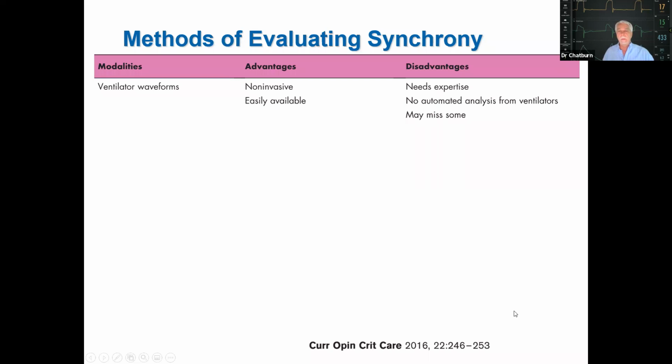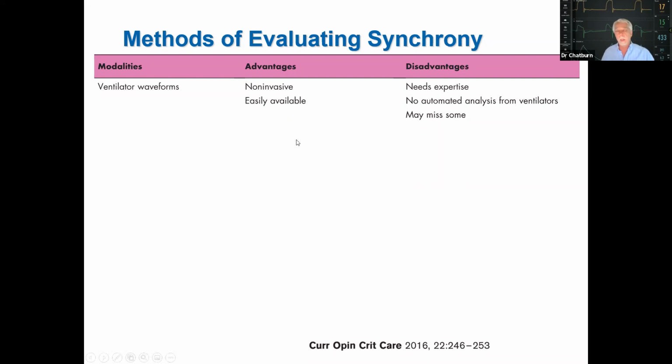Okay, let's try to put all this together. There have been papers written attempting to describe various ways to collect data to evaluate patient ventilator synchrony. And this is a pretty good paper. And it indicates that what you can do is you can collect ventilator waveforms. The good thing about this is it's non-invasive, it's easily available.